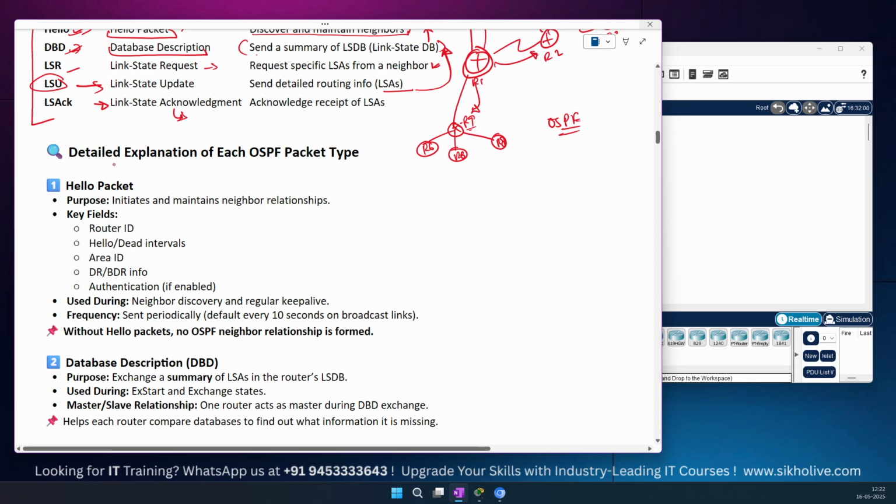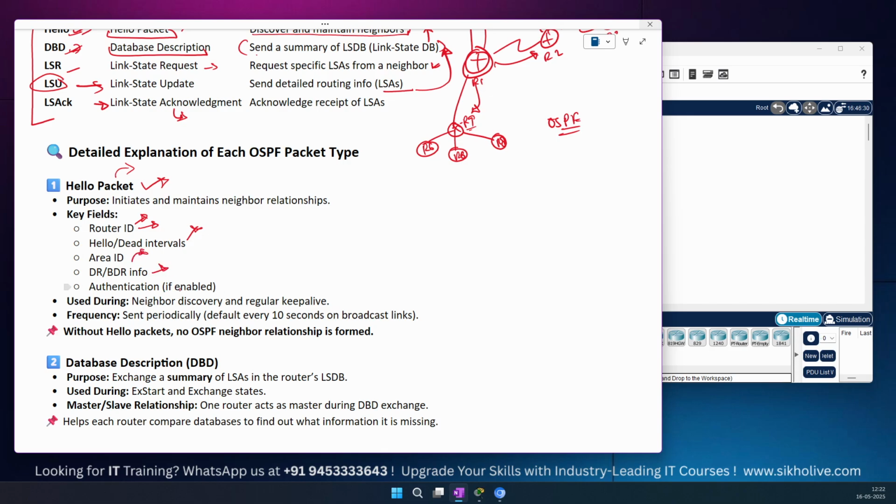Now the detailed explanation of OSPF packet types, starting with what the hello packet is. The purpose of the hello packet is to discover the neighbor, and to initiate and maintain the neighbor relationship. Key fields it holds are the router ID, the hello and dead interval times, the area ID, and DR and BDR information.